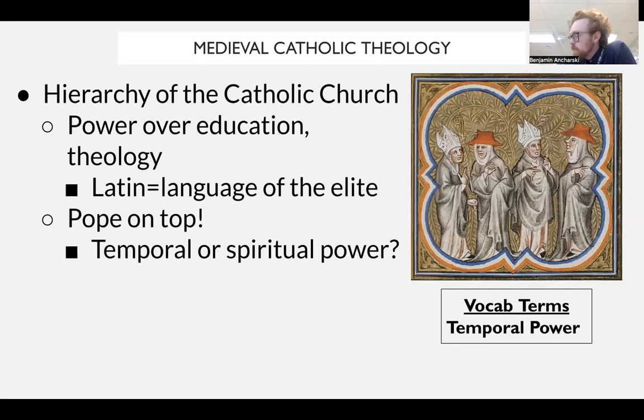But people who say the Pope has spiritual power, and this is mostly Catholics, are going to say that the Pope and the entire Catholic Church, for that matter, does have direct influence in the afterlife. Although a third question is popping up. Does the Pope have any power at all? Because there's nothing in the Bible about a Pope. There's nothing in the Bible about how the papacy works. So there is going to be a controversy about what exactly the Pope has power over.